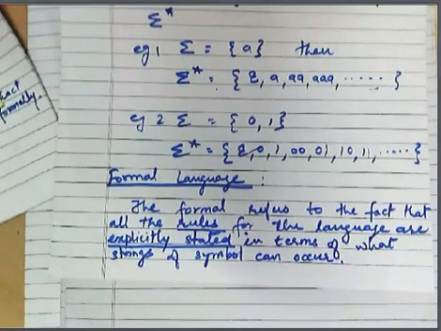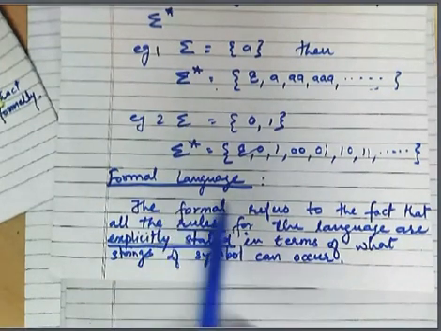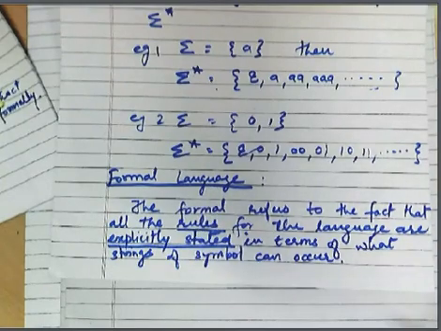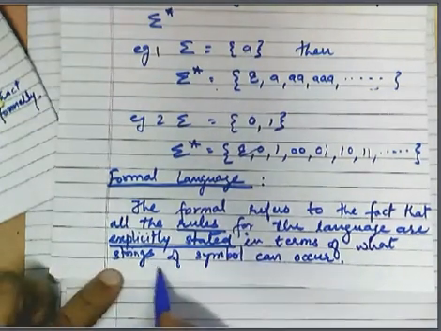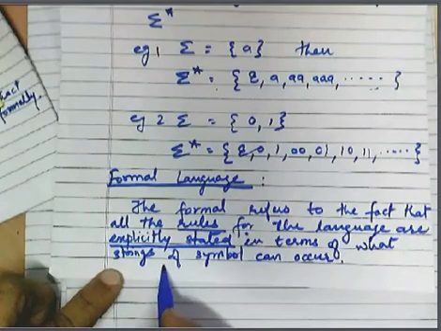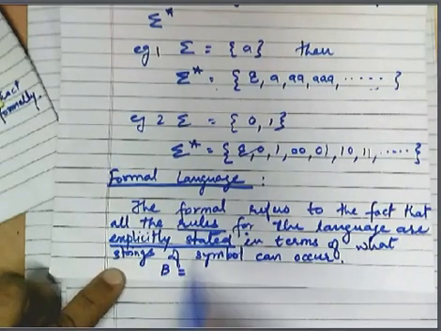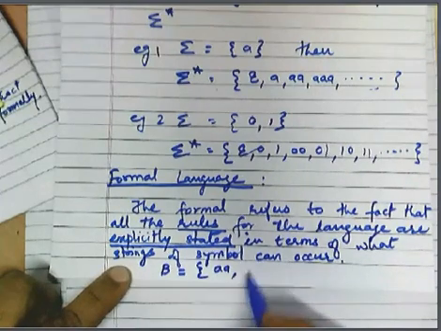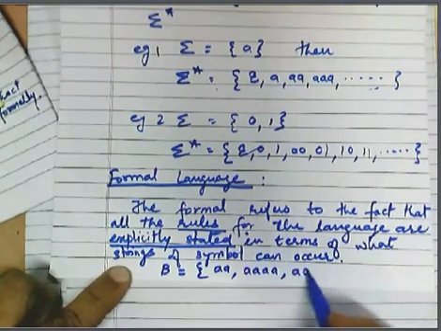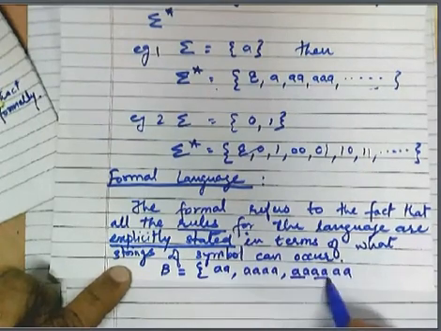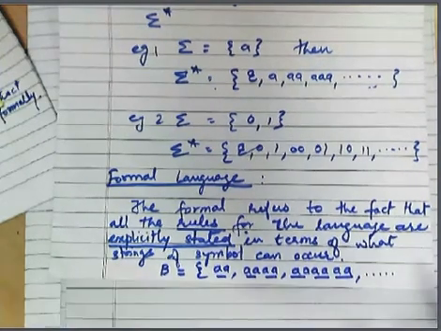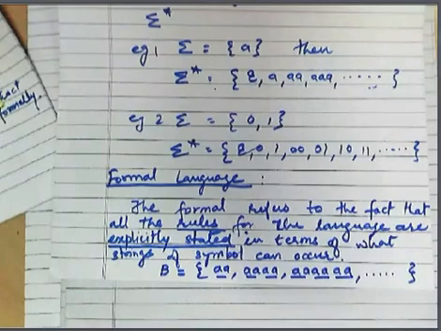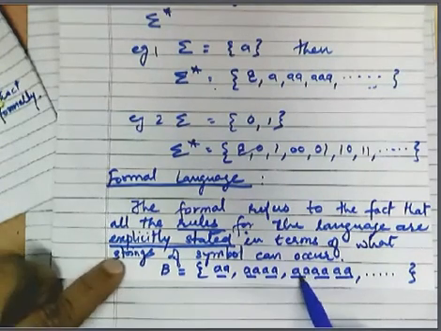Once again repeating, I want a language in which all the strings have even length, over an alphabet A. So my language will become AA, AAAA, AAAAAA, and so on. See, all strings have even length. It is also an infinite language because I can define any number of strings.